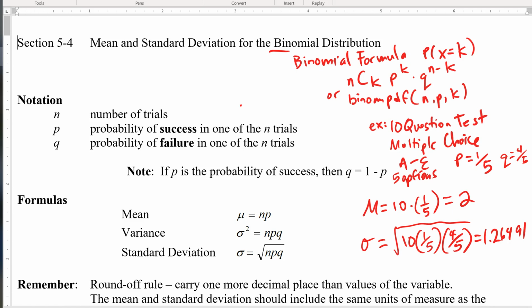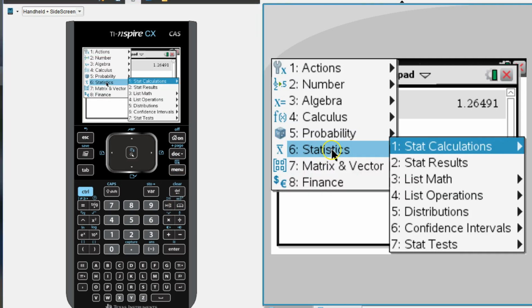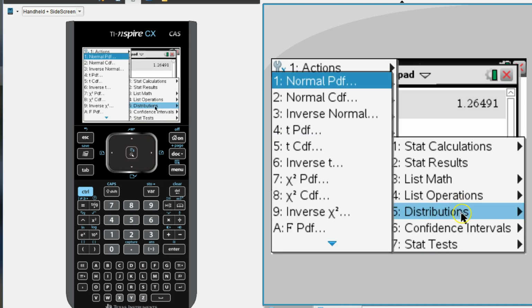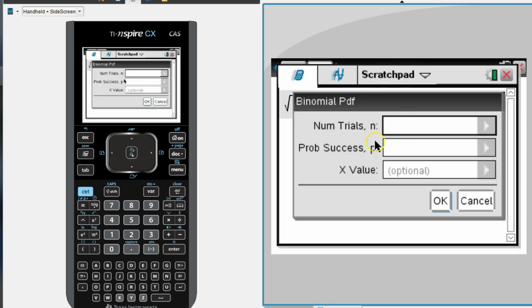I want to make sure that we understand, using the idea from 5.2 and 5.3, how this still works, and I can do this again in the calculator. So real quick, I'm going to do a review of stuff we did in 5.1 and 5.2, which is to say, if I wanted a list of all the probabilities, if I wanted to make a table, we've done this before, I could go to the menu, statistics, distributions all the way down, binomPDF. How many trials do we have?